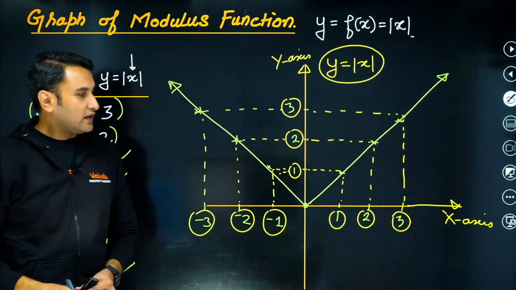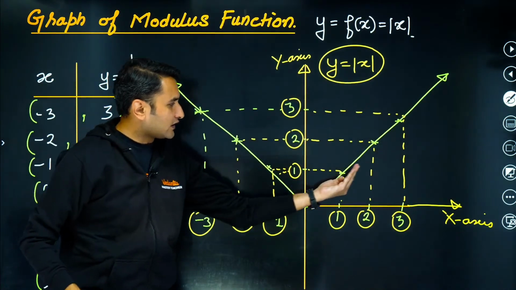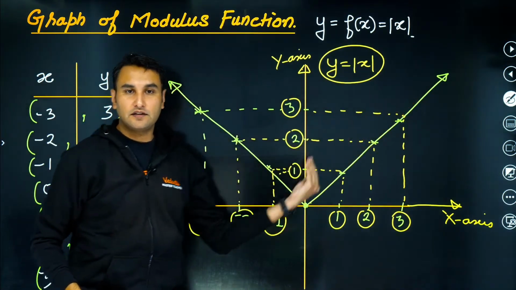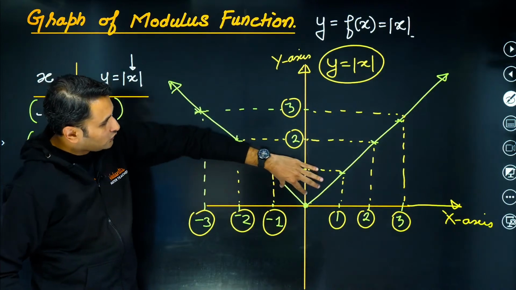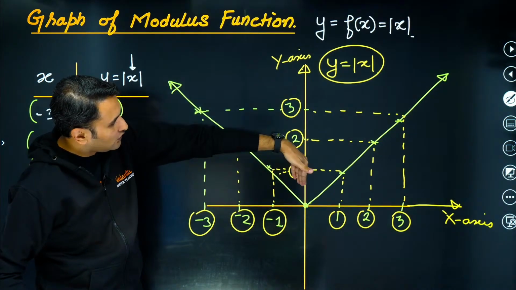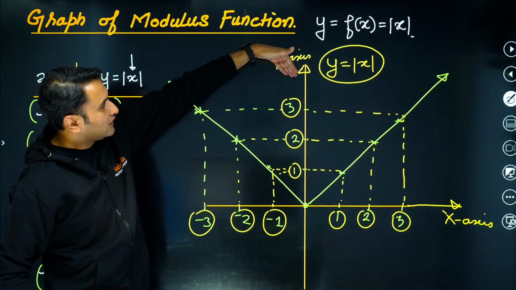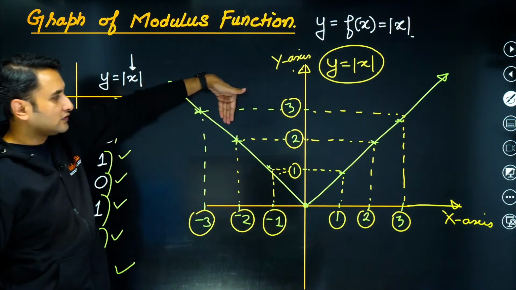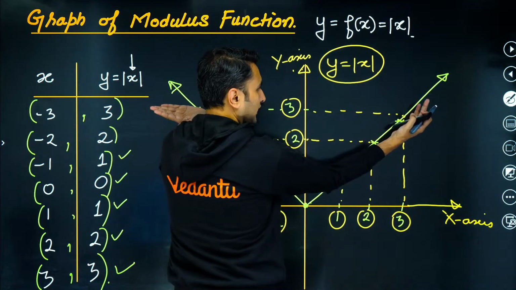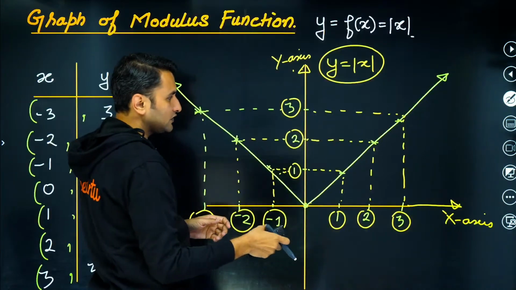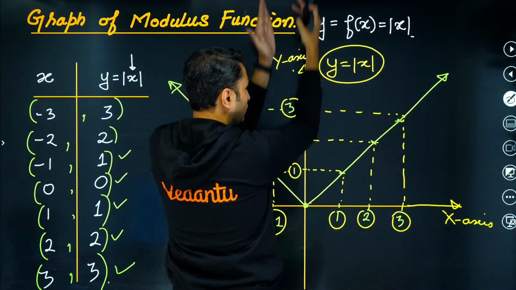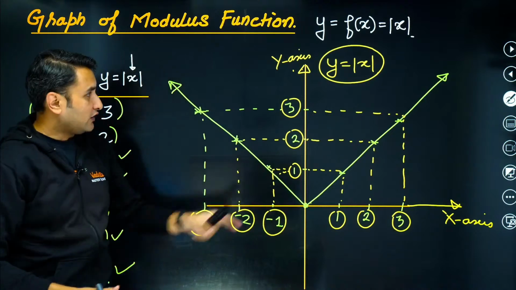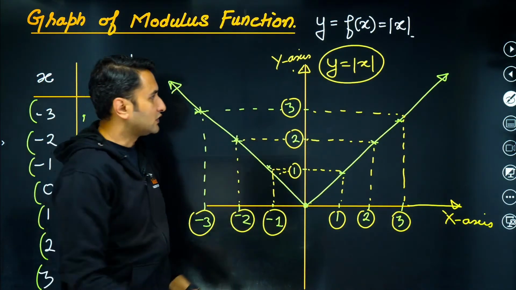So the values of y that this graph gives are all above the x-axis. These are the values of y which the graph gives, and y is always positive.